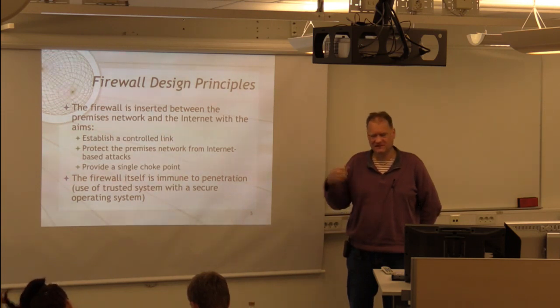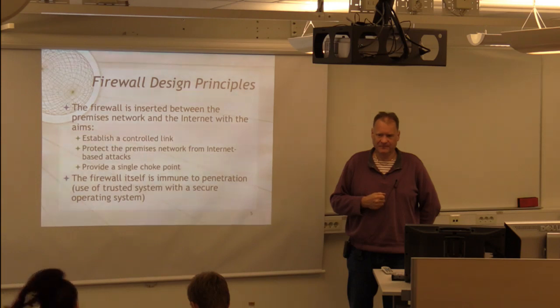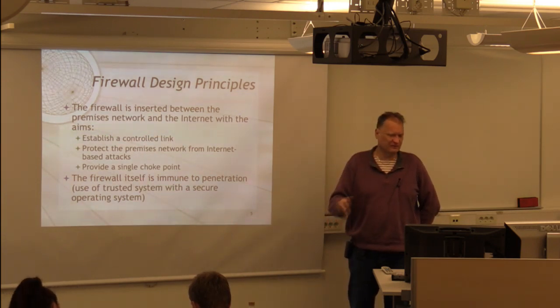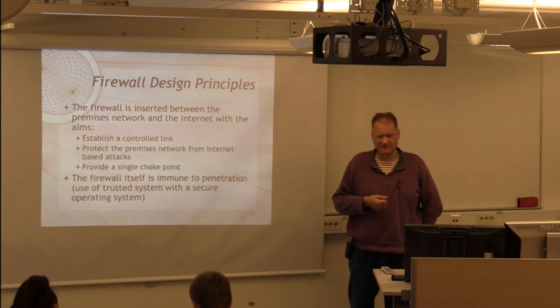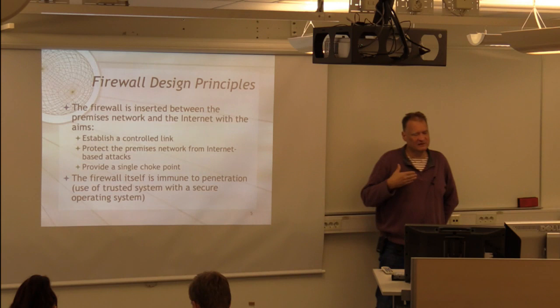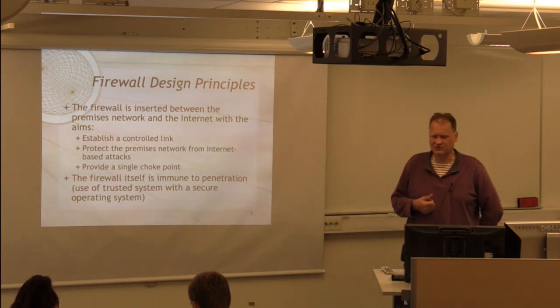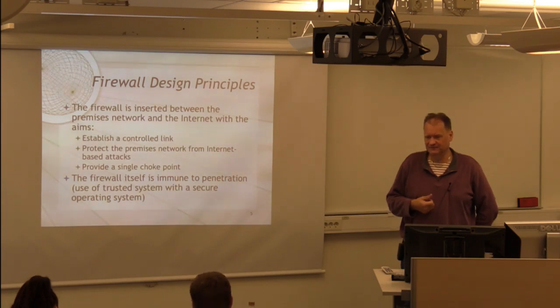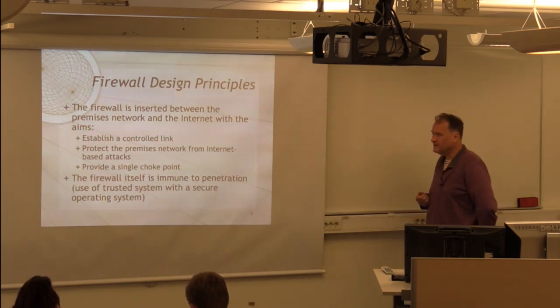All the threats that are coming from outside will of course reach the firewall itself. The purpose of a firewall is to stop them from going into our system, but the firewall itself is not protected. So another important principle is that the firewall itself should be a very highly secure system that couldn't easily be attacked. And there are different ways to implement it.